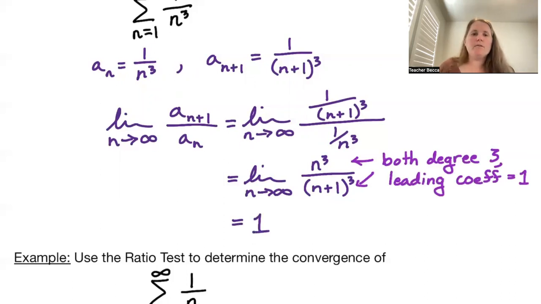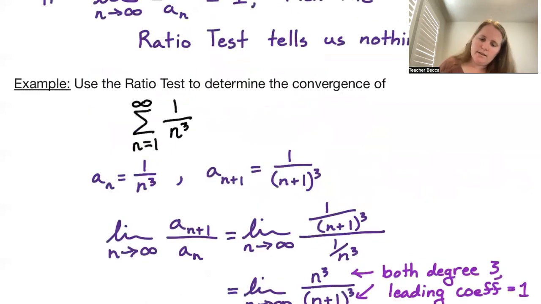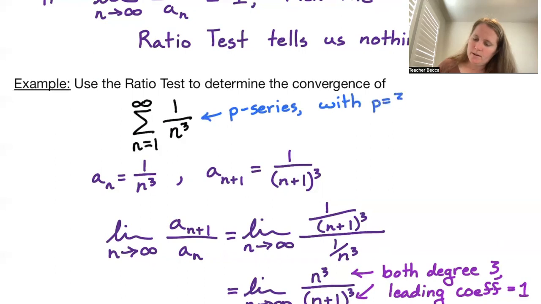Now, if we talk about convergence or divergence, this series is just a p-series with p equals 3. So we already know that this series converges.